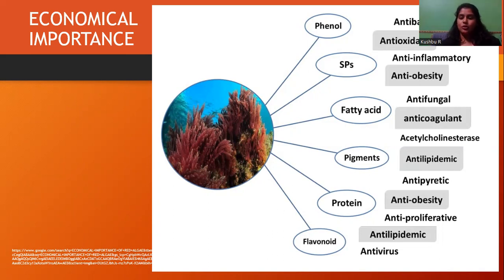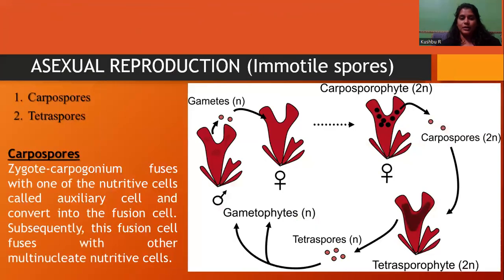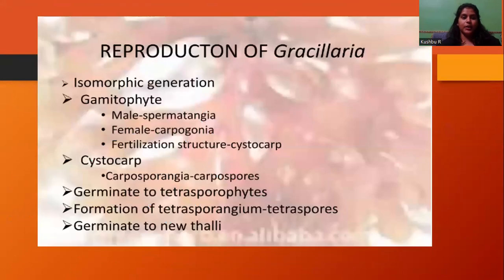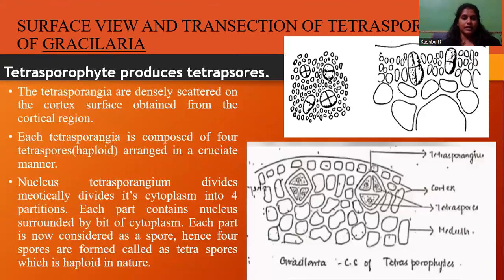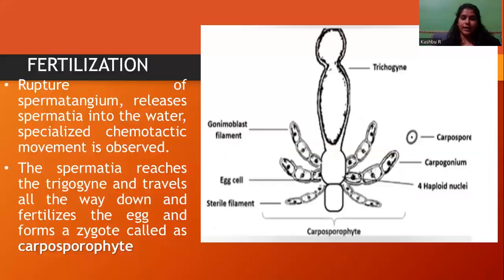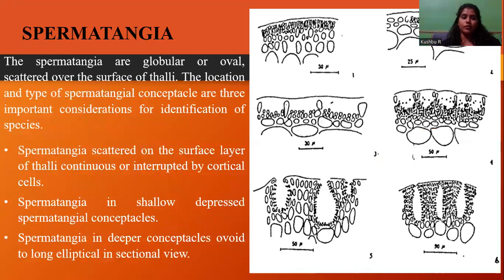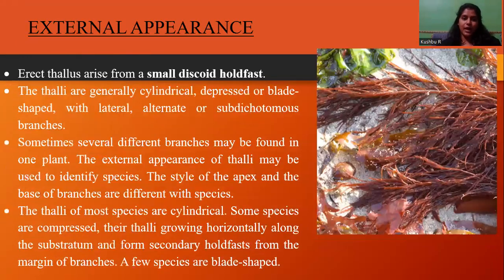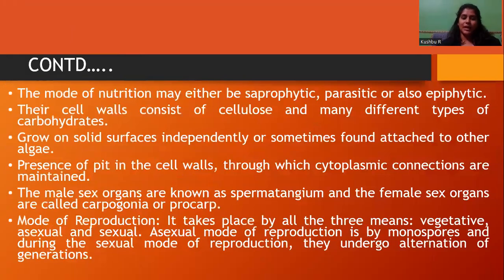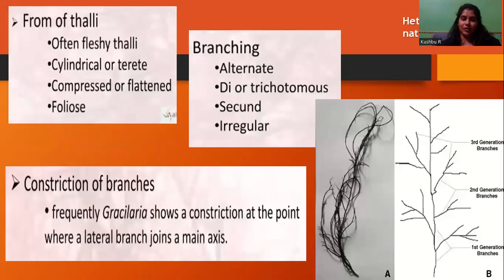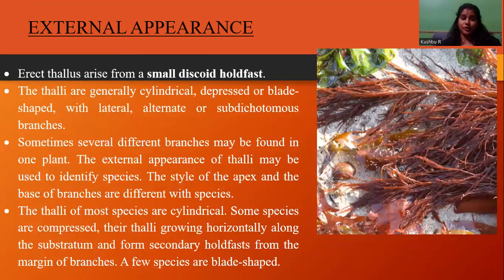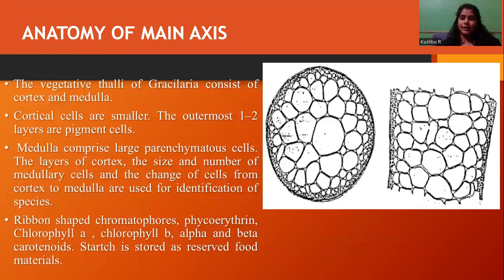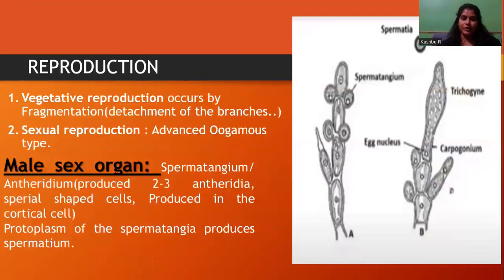So this is all we have for today's class, where we started from understanding what exactly are the general characteristics of Rhodophyceae members, and then what is the best example for Rhodophyceae, Gracilaria, its thalli structure, its appearance, and its main axis and pigment distribution.